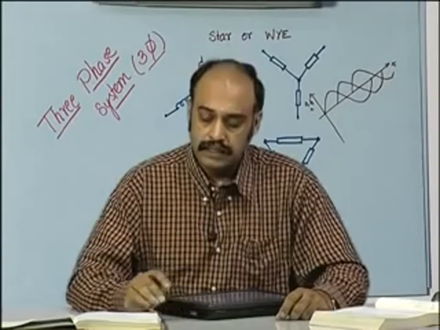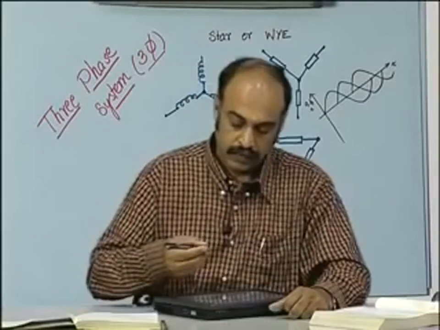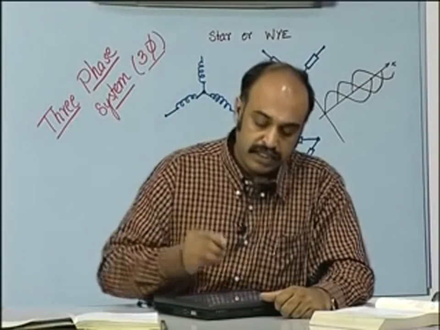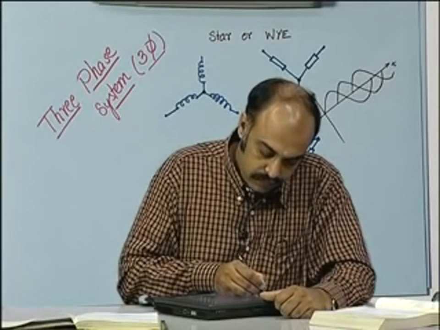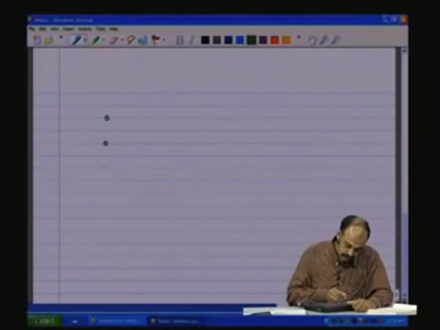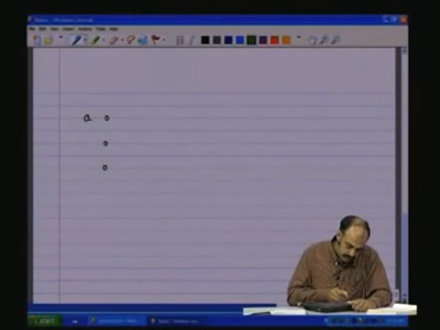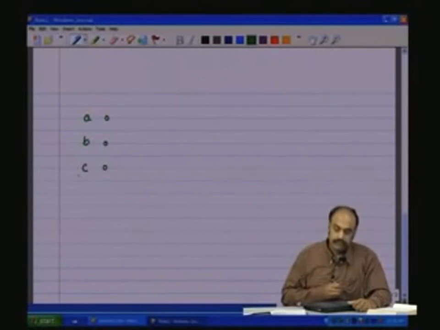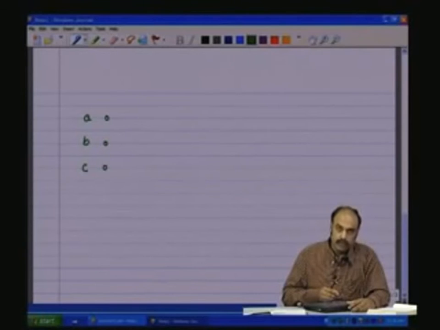Now, let us see what happens if we have multiple loads. A common situation would be that we have a three-phase source A, B, C. This three-phase source will supply power to a three-phase load, and let us say it supplies power to an inductive load, like in the case of a motor.